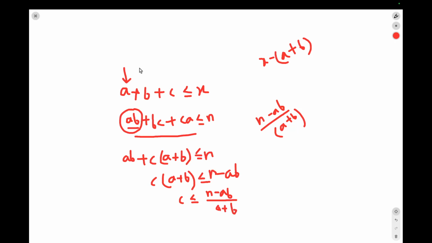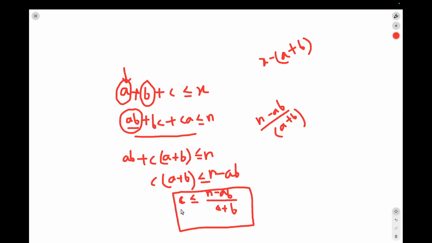Here one thing to notice is that we are iterating through all the possible values of a, then through all the possible values of b, and c is the upper portion. What we have found here is the upper bound of c.